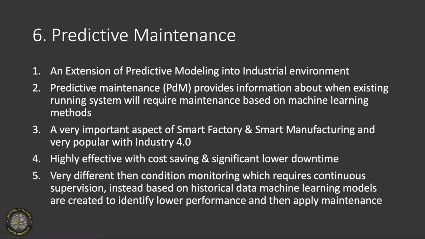So what is predictive maintenance? Predictive maintenance is the system which predicts when a machine or a group of machines will require maintenance. So you can stop the production for a while, put together a maintenance system, and the machine is ready, good to go. It's a very important aspect of smart factories and smart manufacturing, which everybody is talking about.